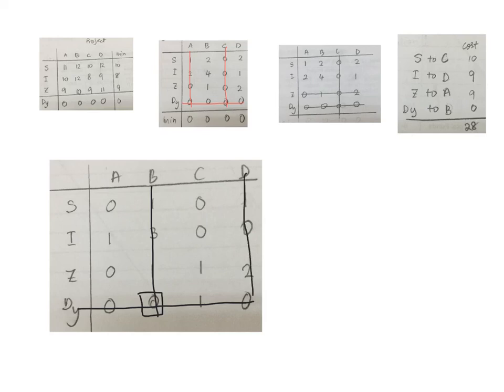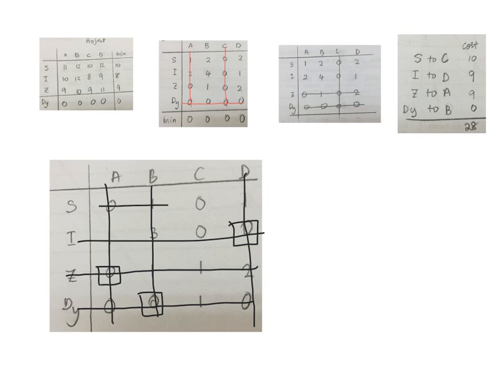So we have an assignment at the junction here, which means I will be assigned project D. And then we have this row with one 0, which means Z will be given project A. And finally this row has one 0, so S will be assigned project C. So we have the result here.